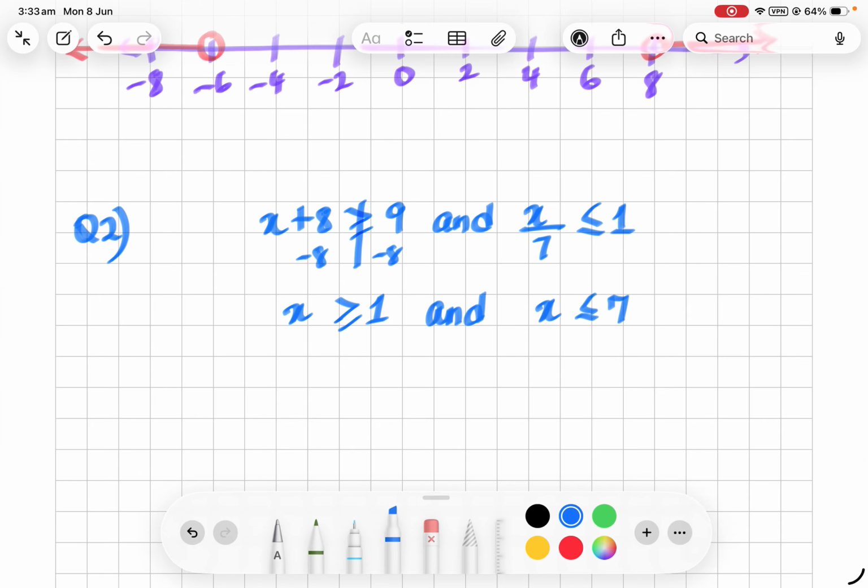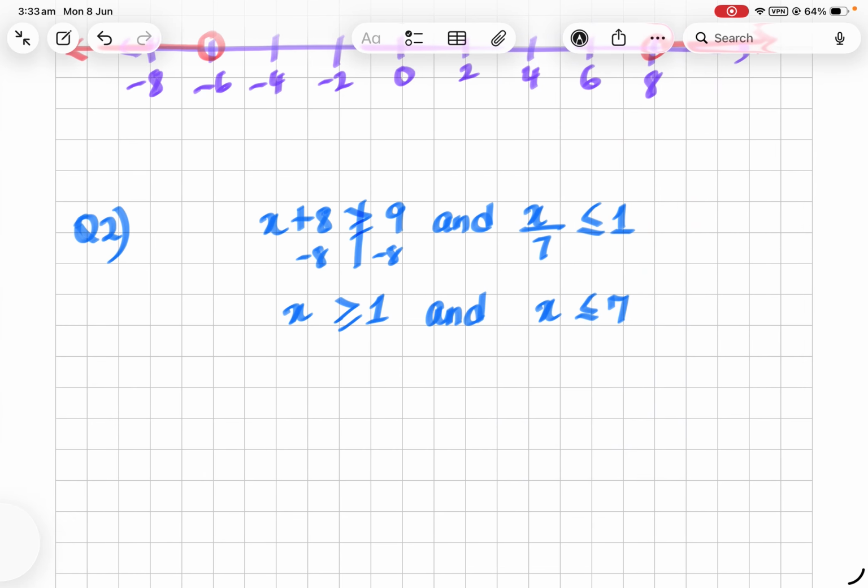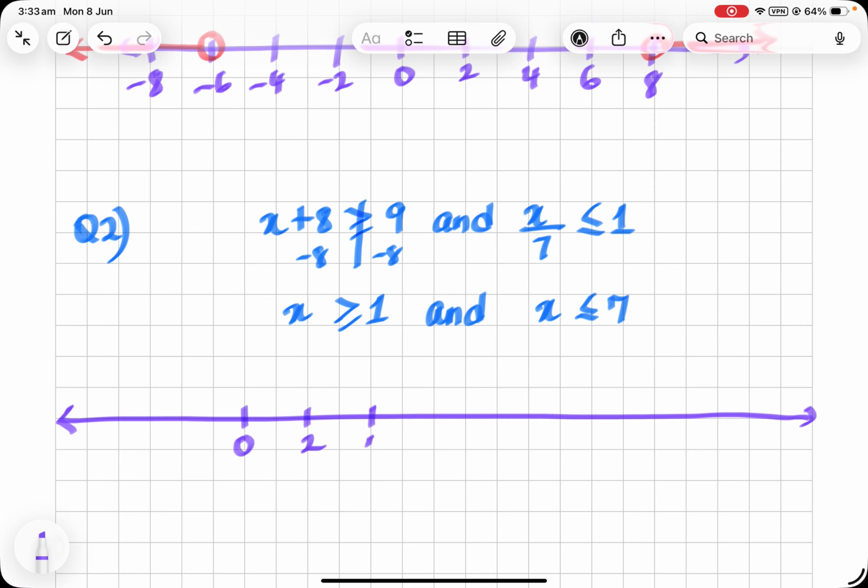Now how would we draw this on our number line? So this is our 0, so this is 2, 4, 6, 8, which means this is 7, and this is 1, this is negative 1, negative 2, negative 3, and negative 4.